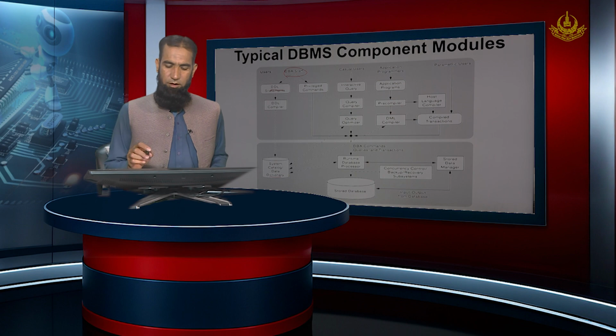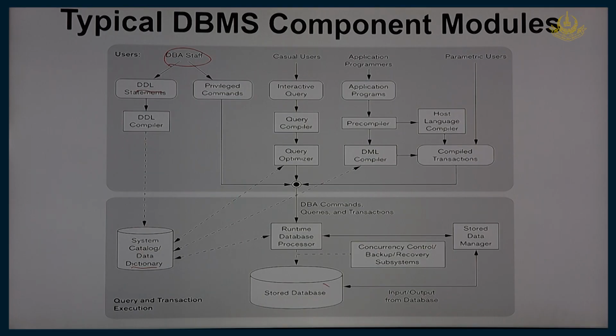The last thing is basically the database. Database is a separate place where only data is stored. All routines are in data dictionary, and the runtime processor only accesses the data through these routines with the help of different queries. So concurrency control and backup recovery are also relevant to database administrators.